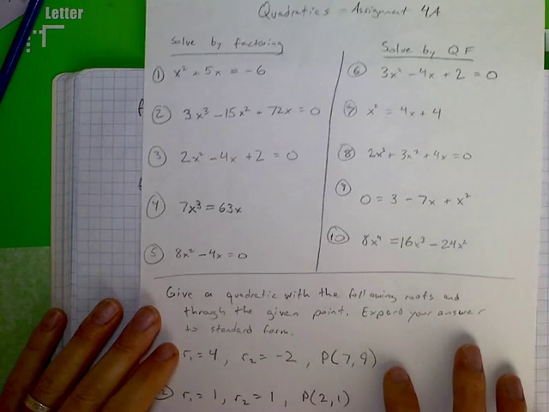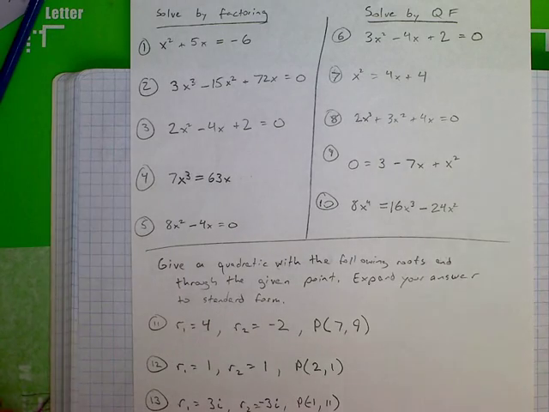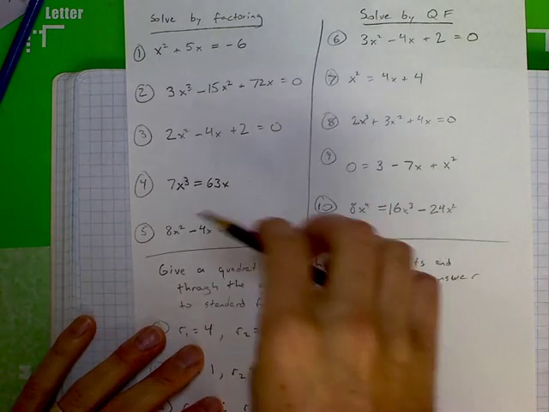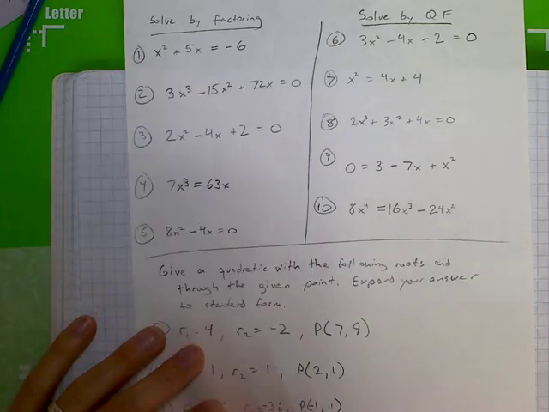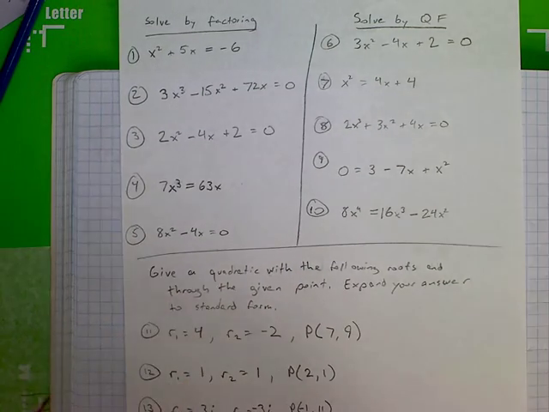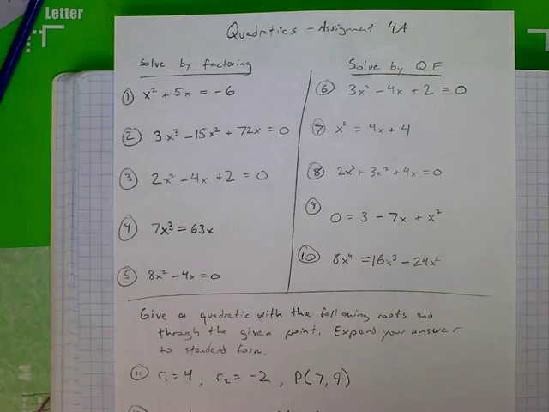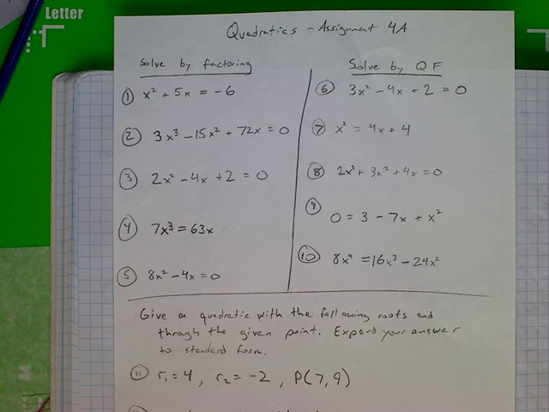So let's start with this factoring part right here, since factoring should be pretty fresh in your mind from the test last week. Let's see if we can get these factoring problems done today. And then tomorrow we'll work a little bit on these others. So remember, first, set everything equal to 0.